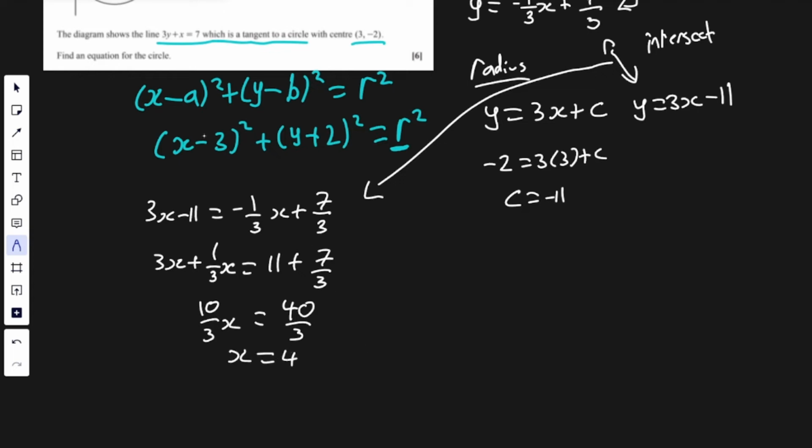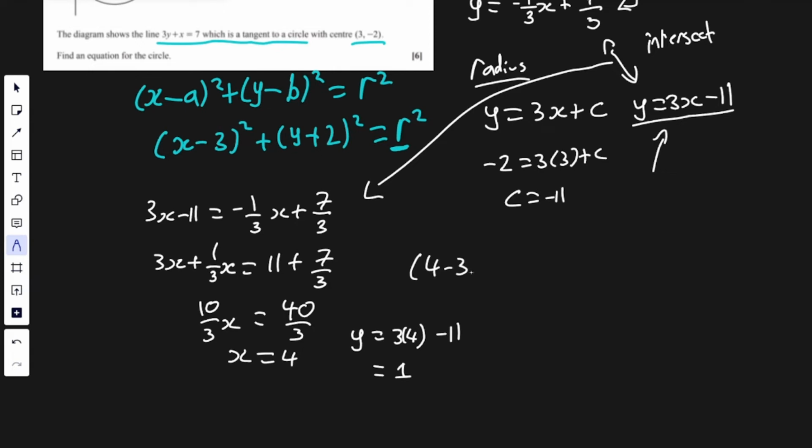Finally, we need to find y because we need a coordinate. Otherwise, what do we put in for y here to find r squared? So we're going to put it in the easier equation, which is clearly this one. So we get y equals 3 times 4 minus 11, which is 1. So we know that our circle passes through the point 4, 1, and we just put this in.